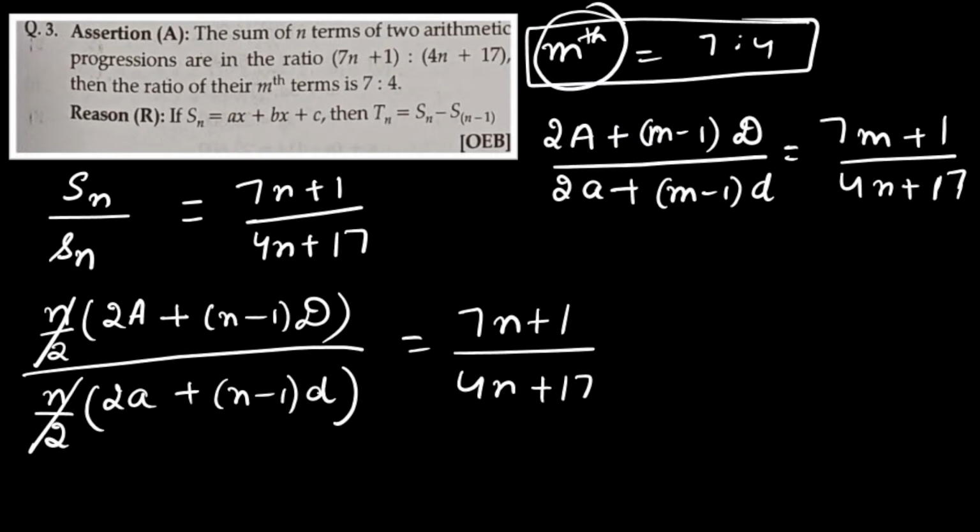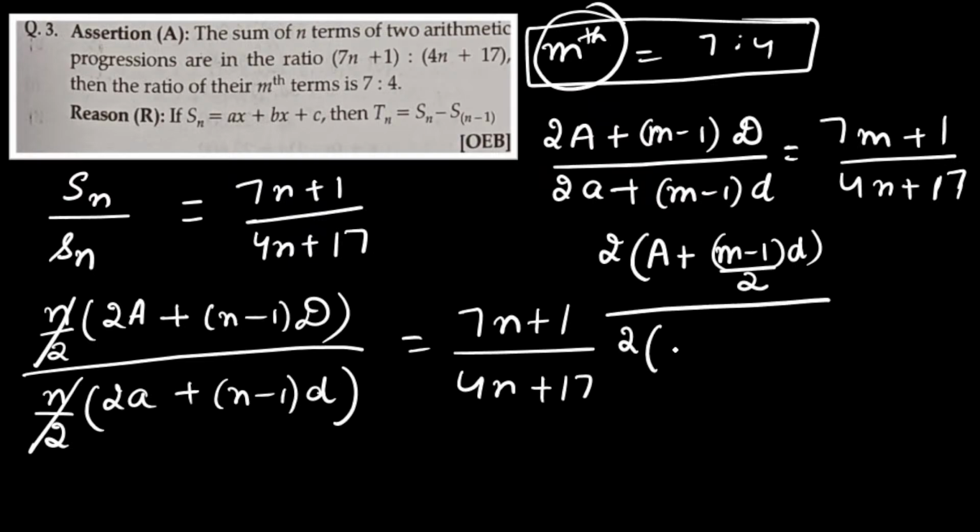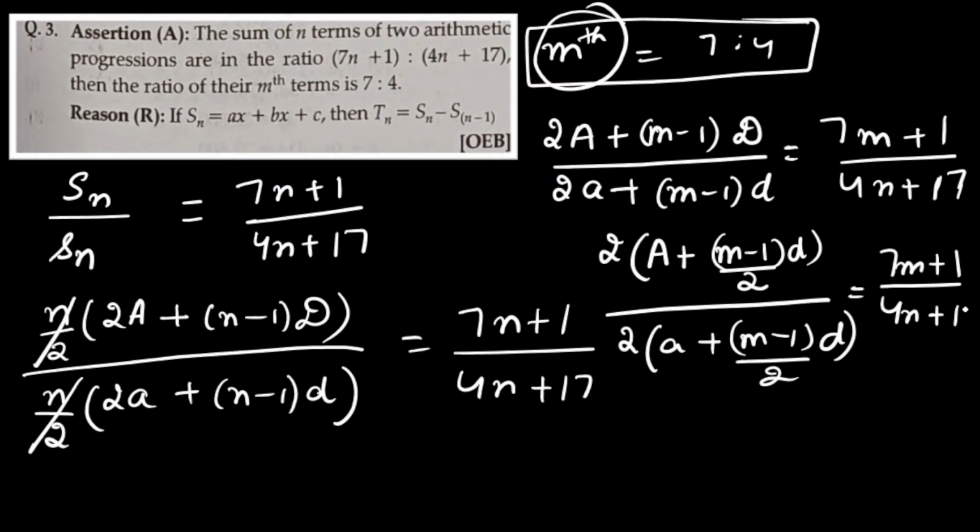No, we cannot take that common. Suppose we take 2 common. Then we will be left with a plus m minus 1 into d, with 2 in the denominator. And here also if we take 2 common, a plus m minus 1 into d. So here it will be 7m plus 1 by 4m plus 27.